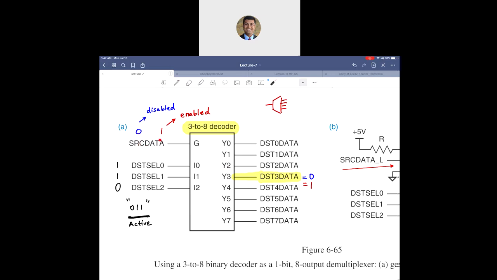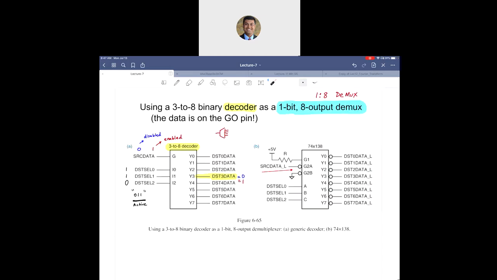When this was 1, this was 1. And all we had to do is select the appropriate output, exactly the same way we do in a demux. So we can use a 3 to 8 decoder to implement a 1 to 8 demux.